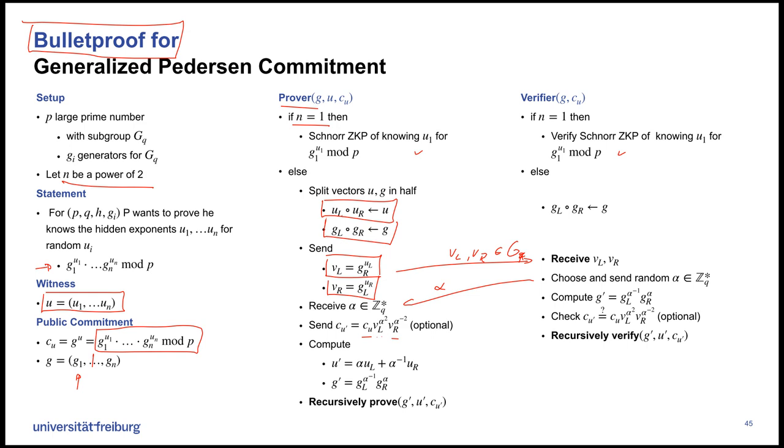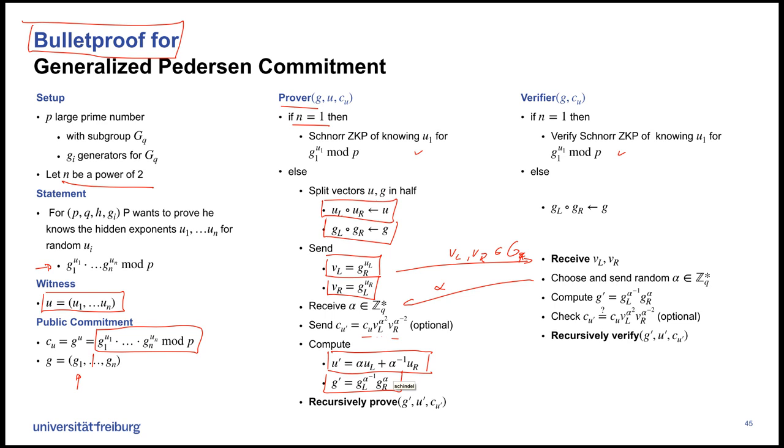Modulo q minus 1, modulo q, of course, in the exponent. Okay. Then we compute two new vectors. So this is a vector again. This is a vector of size n/2. We take the first part, multiply with alpha, and the second part divided by alpha. And this is the craziest thing. We compute new generators.